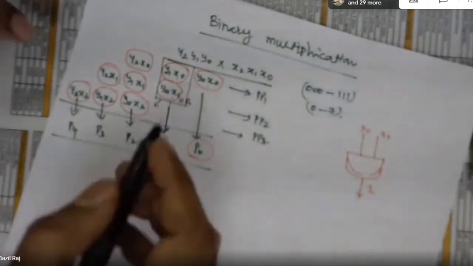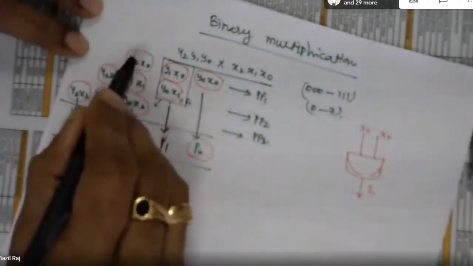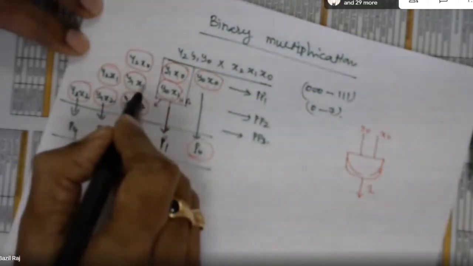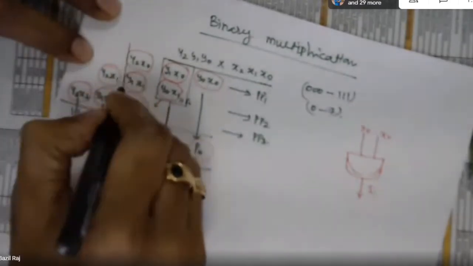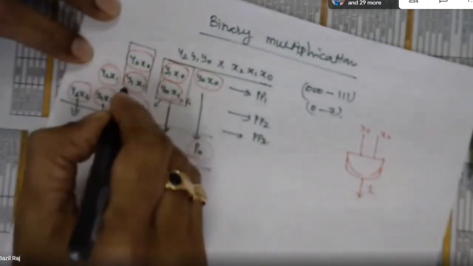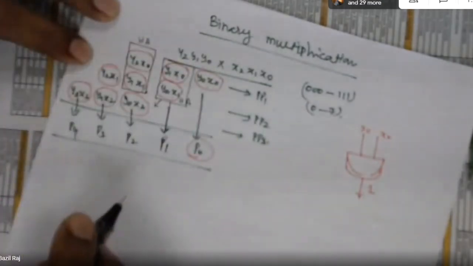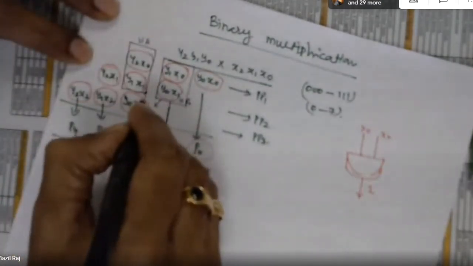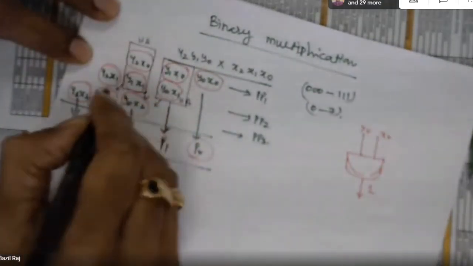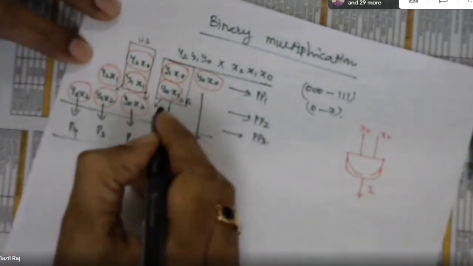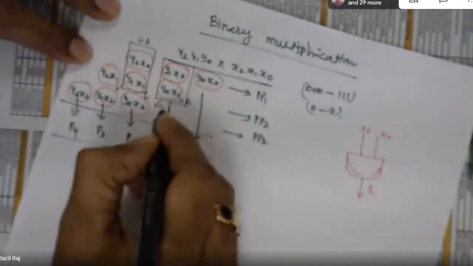Again, x0 y2 is a single bit, and x1 y1 is a single bit. To add these two, I need one more half adder. Then that sum and its carry will be passed here. This is the sum and the previous addition carry.